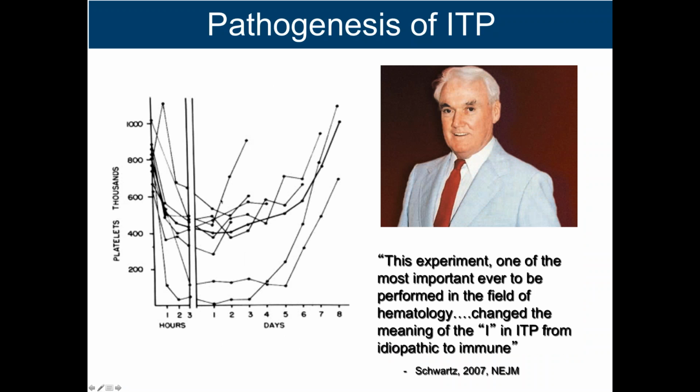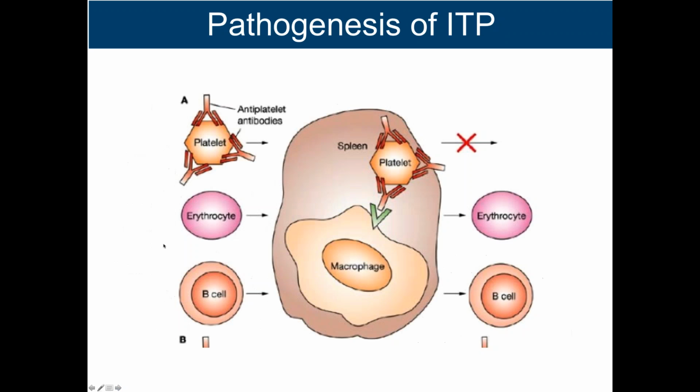What I like to highlight about this graph is that there's more than one line. At some point he was able to recruit others to do the same experiment with him. But I like this quote by Schwartz in 2007 in the New England Journal that said, "This experiment, one of the most important ever to be performed in the field of hematology, changed the meaning of I and ITP from idiopathic to immune."